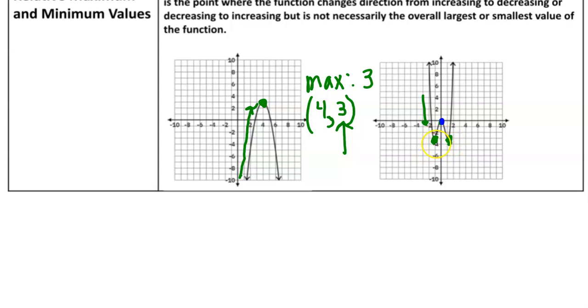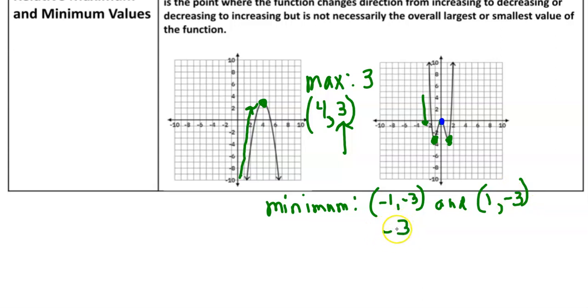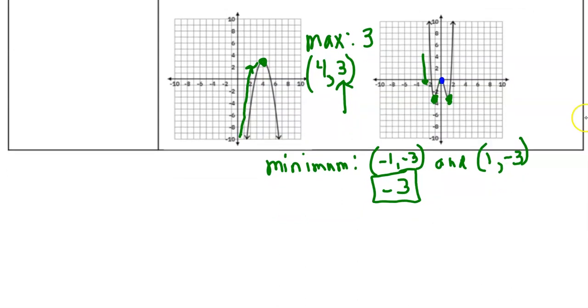So we have a minimum value at (-1, -3) and also at (1, -3). So our minimum value would be -3 because it's the smallest y value we got for the minimum.